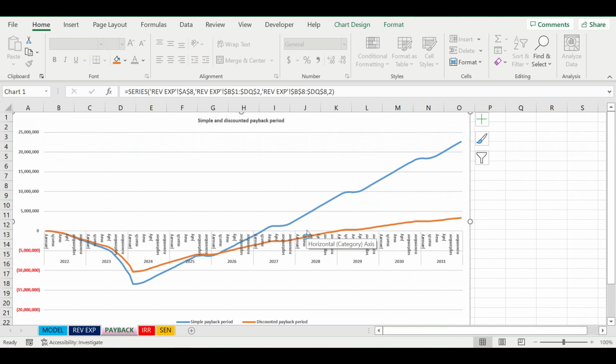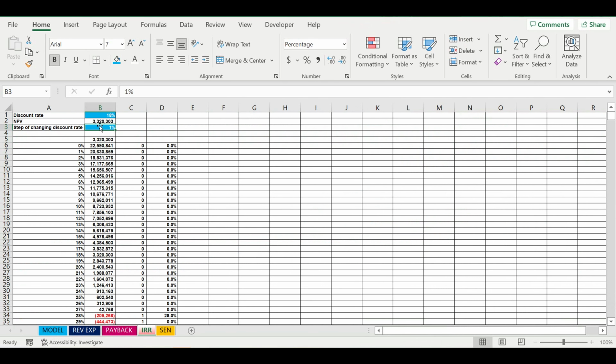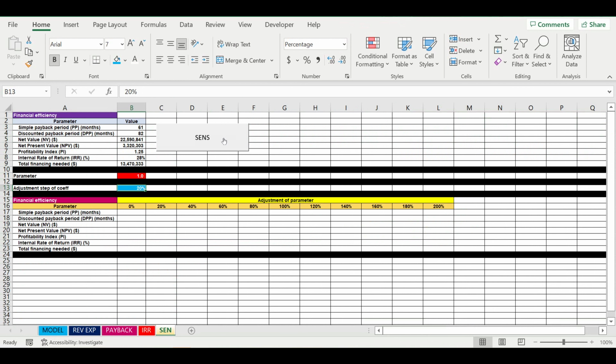Then we can specify the discount rate and the pace of changing the discount rate, and then we have a very interesting tab called sensitivity analysis. In this tab we can add a parameter to any input and play with it.